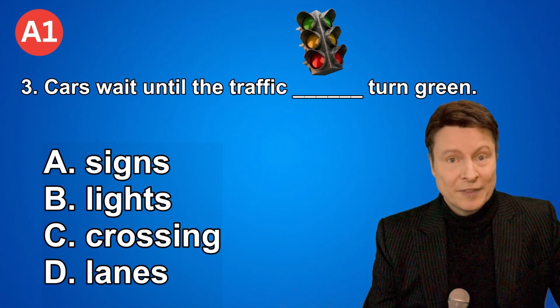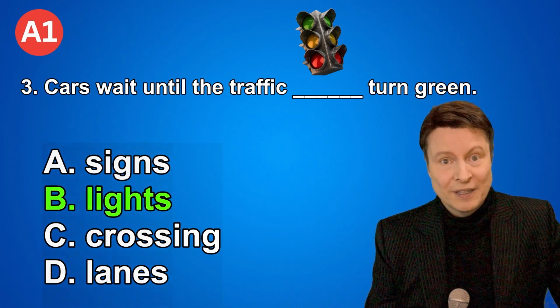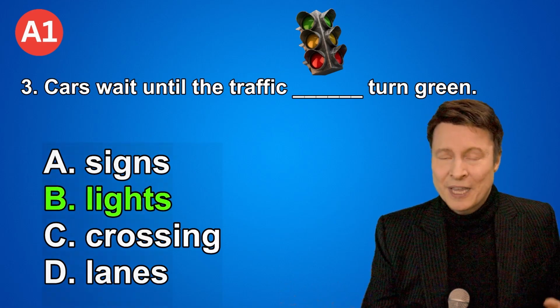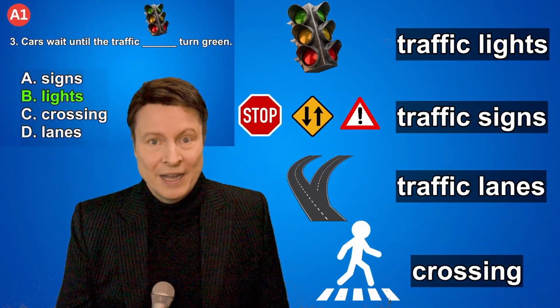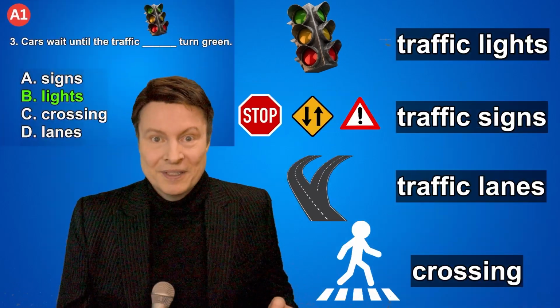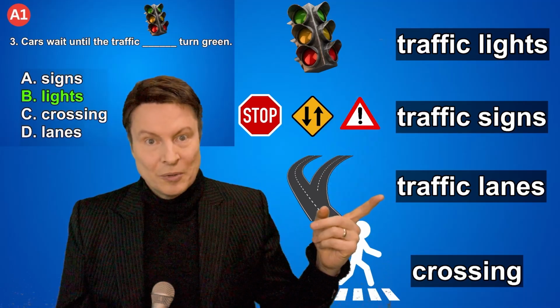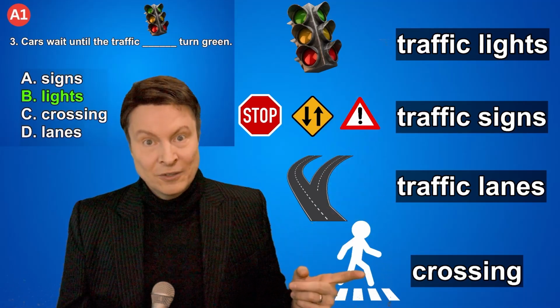And if you thought that the answer was traffic lights, that is correct. So this is more basic vocabulary that we normally learn at the basic level. Traffic lights, traffic signs, traffic lanes, and crossing.